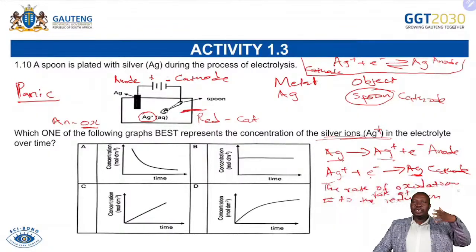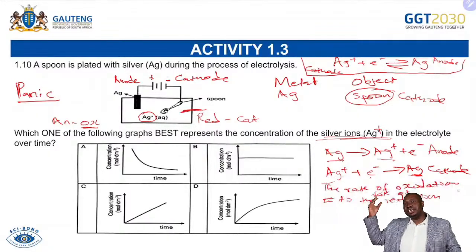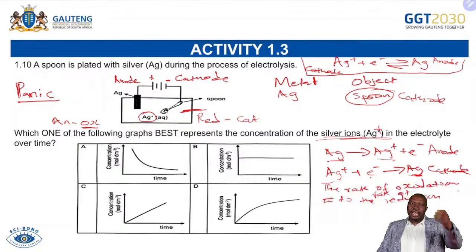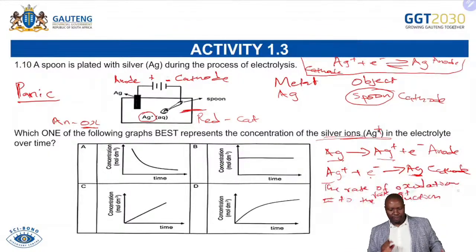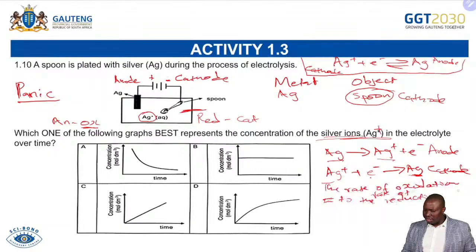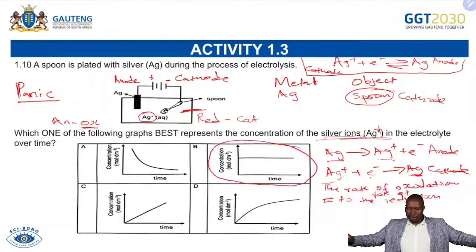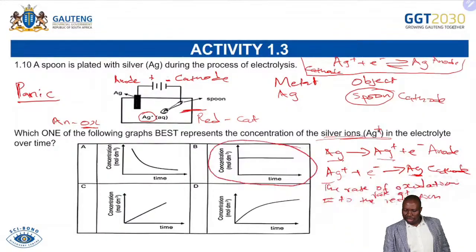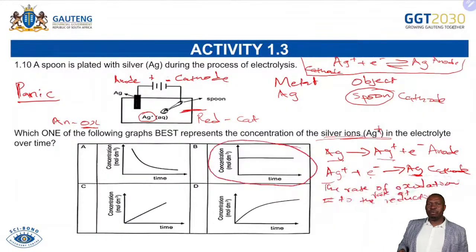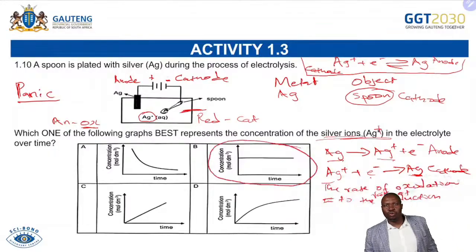Because the rate at which Ag is forming Ag+ and the rate at which Ag+ is gaining electrons are equal. The rate of oxidation is equal to the rate of reduction. Definitely the graph that shows constant concentration of the electrolyte is B. So you are choosing B because the concentration of the electrolyte will remain the same, since the rate of oxidation is equal to the rate of reduction. These are exam questions that we are expecting you to have.